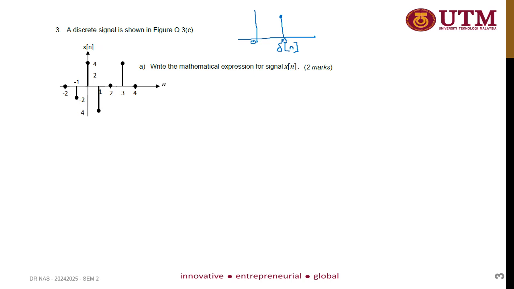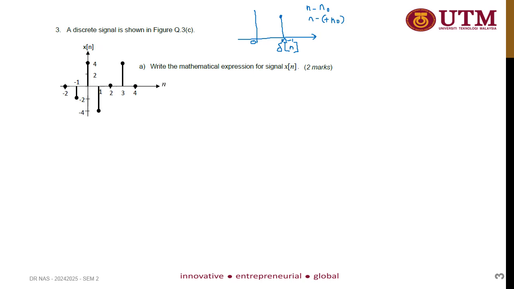Here it is n minus 1. Why n minus 1? Because the shifting rule is n minus n naught, in this case positive n naught on the right hand side. If you have only one unit impulse, it is represented by the delta function.